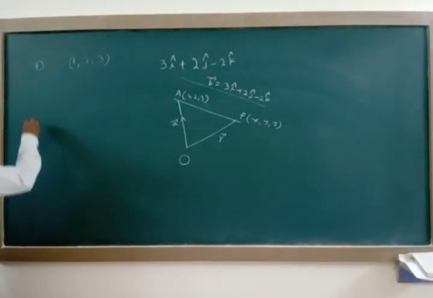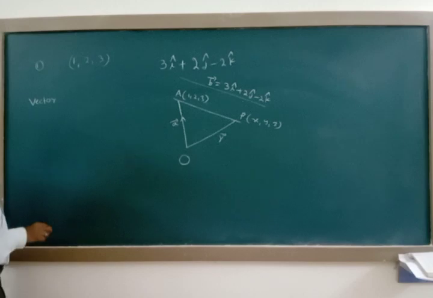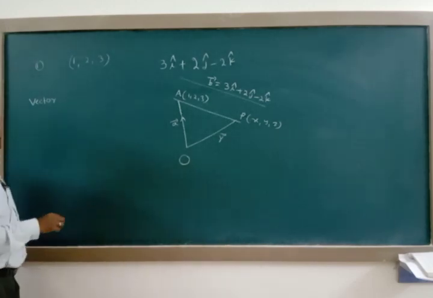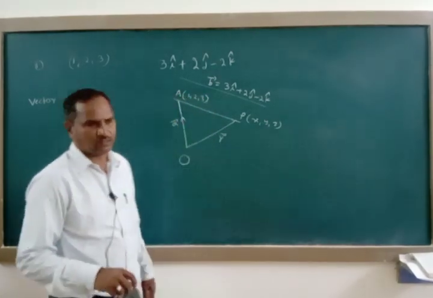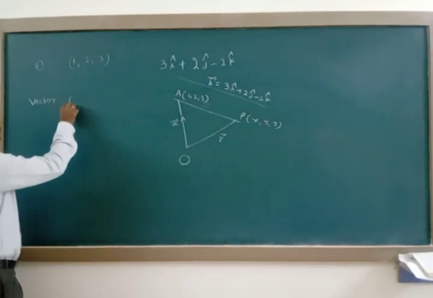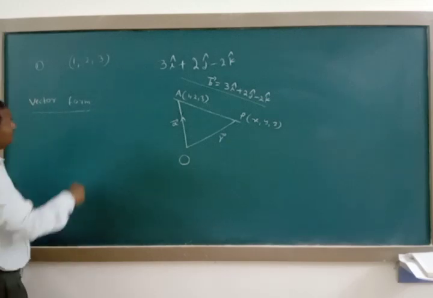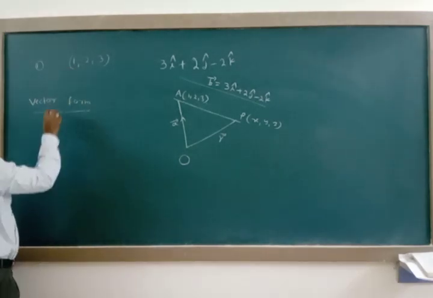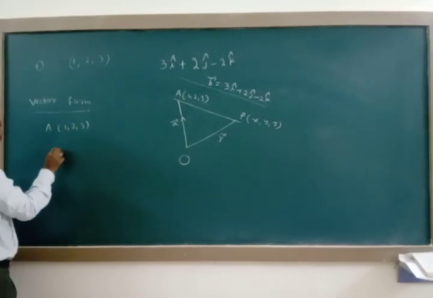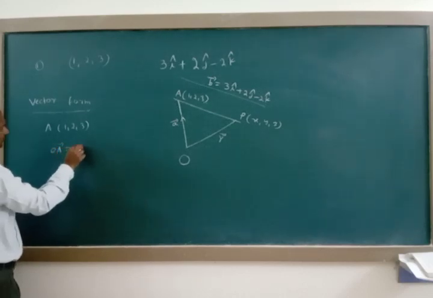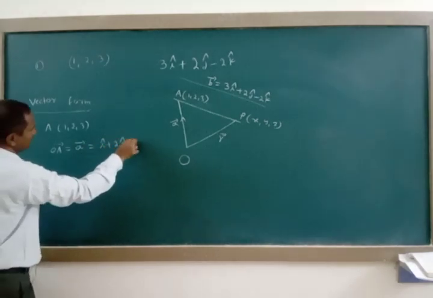First one is the vector form. They did not mention vector or Cartesian form here, they are asking only to find its equation. Find its equation means we have to find the equation in both forms, vector and Cartesian. Vector form first. Let the position vector of the point A (1, 2, 3) be OA vector, equal to small a vector, equal to 1i cap plus 2j cap plus 3k cap.